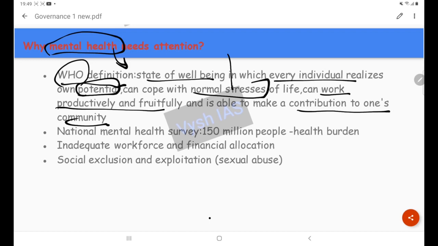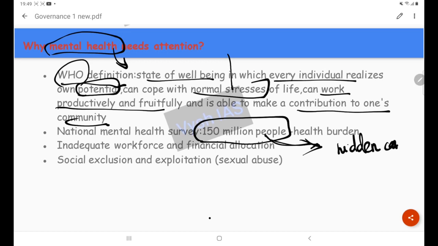Then why does India have to look at its mental health sector? Because there are 150 million people suffering from mental health problems. This is recorded data. There are many hidden cases also, which are also to be taken into concern. Then the main problem with the mental health sector is inadequate workforce and financial allocation.